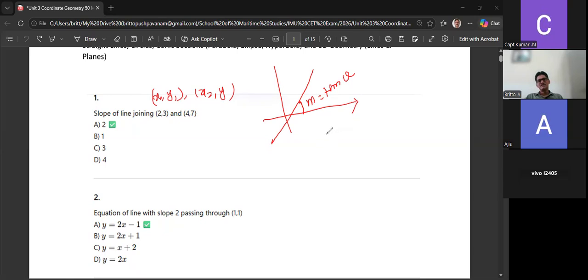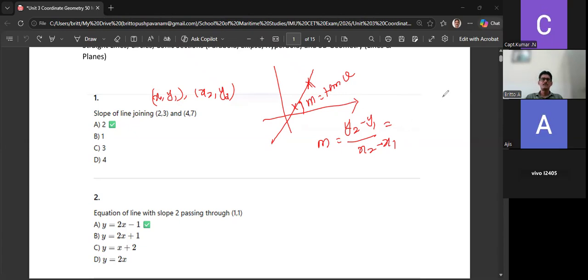But the same slope, if 2 points are given, as here, the formula is m equal to y2 minus y1 divided by x2 minus x1. This is the slope between the 2 given points of a straight line. You put in the values of x1, y1 and x2, y2, and you get the solution.